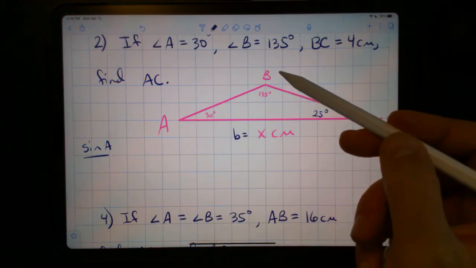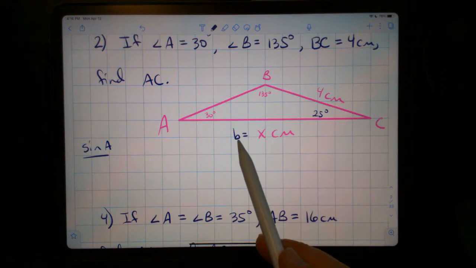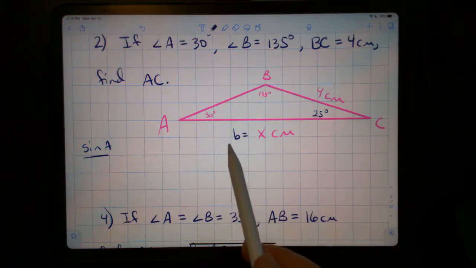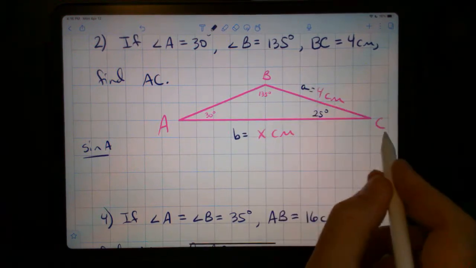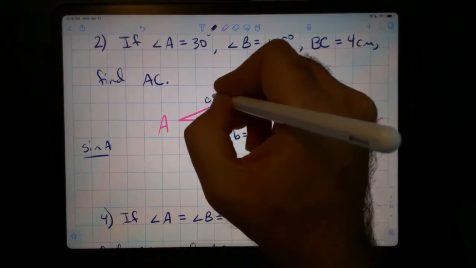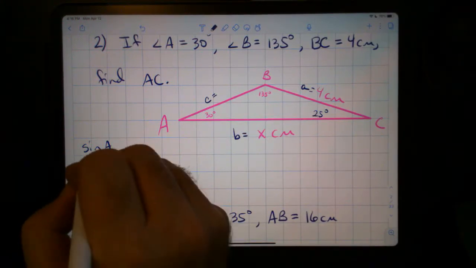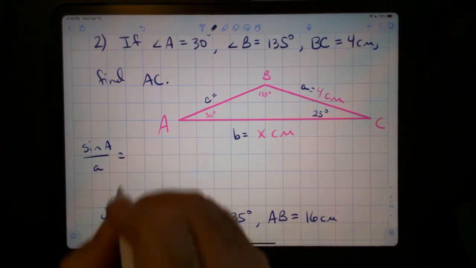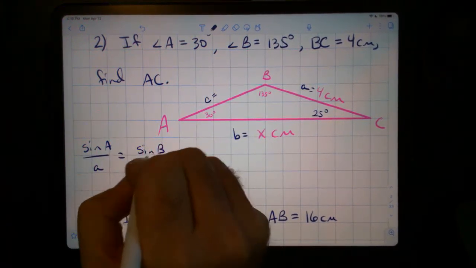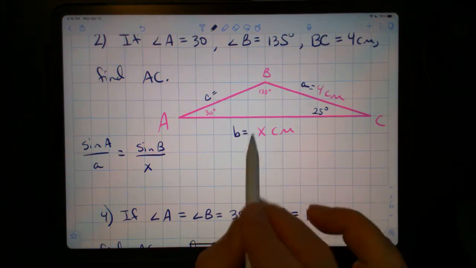So the capital B in this case is denoting the angle, and so the lowercase letter will be the opposite side length. So this is capital A, this is lowercase a, this is capital C, this is lowercase c. So we have sine A over a is equal to sine B over x, because this is what we want to find out.